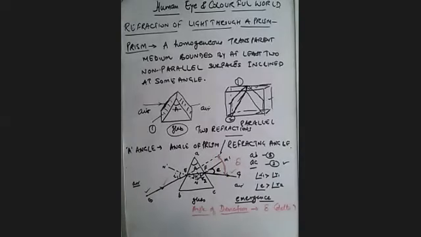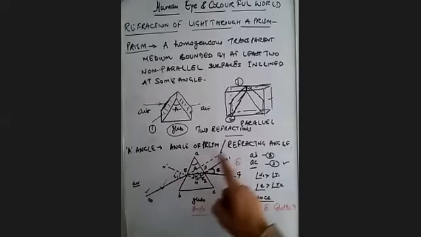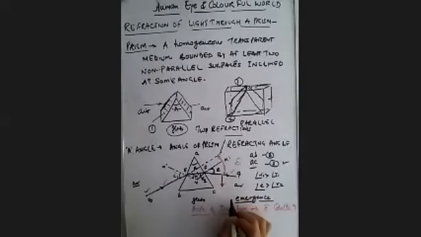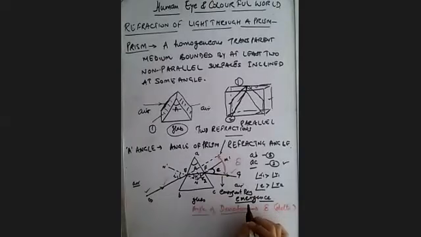So what is the angle of deviation? The angle of deviation of a ray of light is defined as the angle between the direction of the incident ray of light and the emergent ray of light. So what do we call this? Emergent ray. Okay.